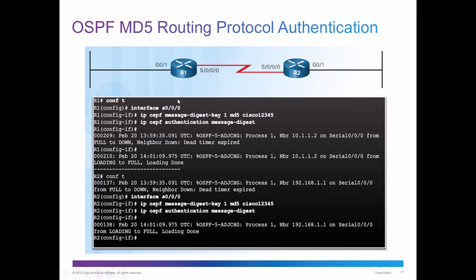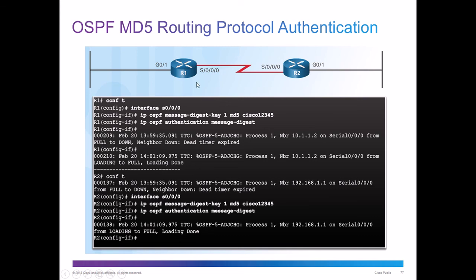So you go to router 1, in this case, S0/0/0, and you type in ip ospf message-digest-key 1 md5 cisco123, and ip ospf authentication message-digest. Write that down, and then you go to router 2 and you do the same thing. All right, and then that's it. You're all good to go.